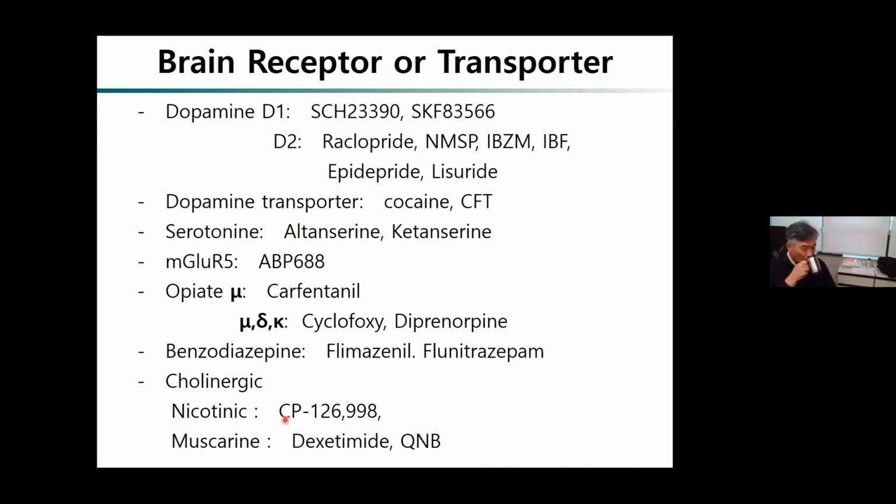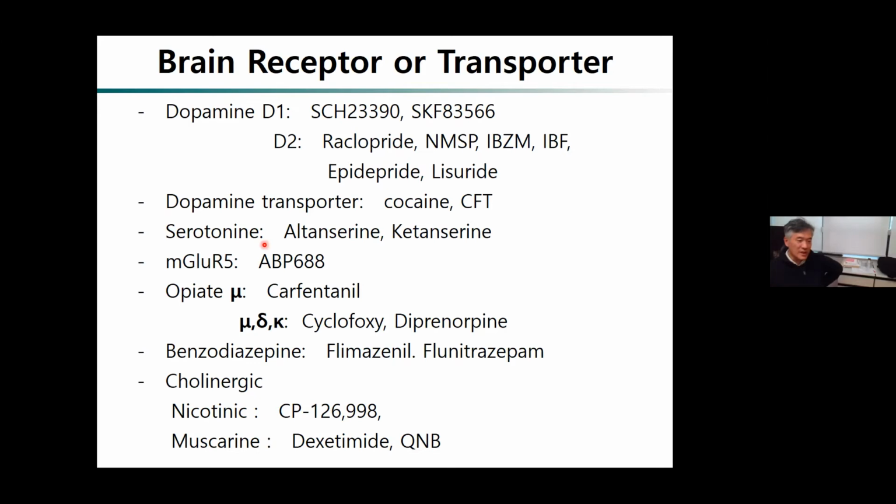Here you can see typical examples of brain receptor or transporter imaging agents. For the dopamine system, there are a huge number of different types of imaging agents, and also the dopamine reuptake site, earlier called the transporter. These are cocaine derivatives, especially F18 CFT or C11 cocaine.